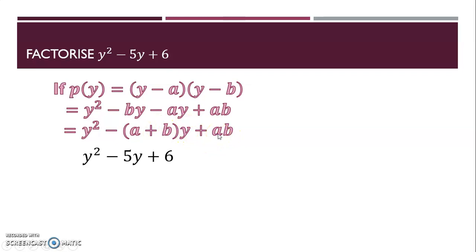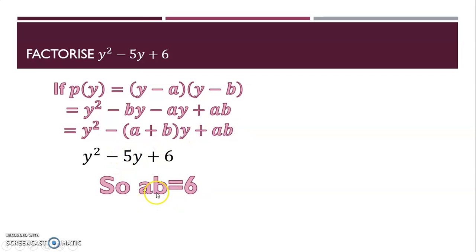So you can see, when we compare this, the constant part here is 6, and the coefficient of y, a plus b, here is 5, while ab here is 6.